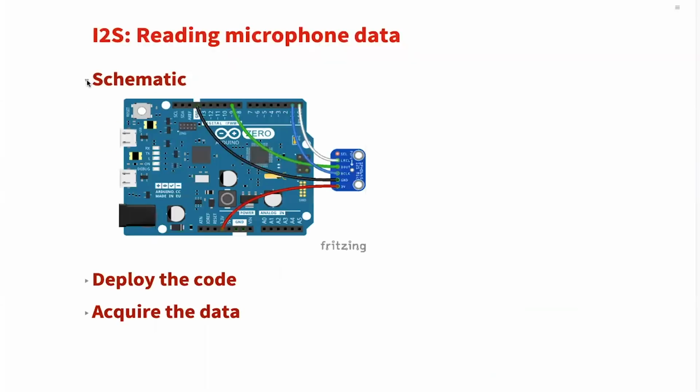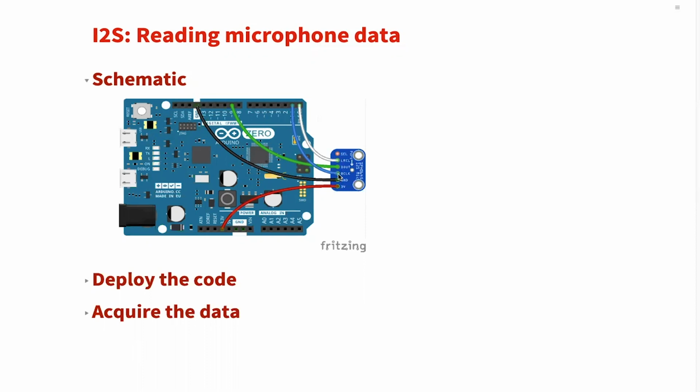Okay, so one of the things that the Arduino Zero has is an I2S peripheral. This is the protocol for handling audio data. What I have here is a microphone from Adafruit, and these are the ground and power lines. Usually there are 3 lines for I2S.